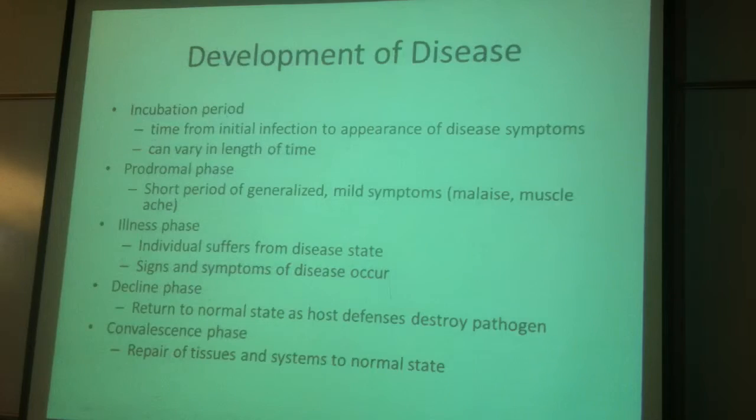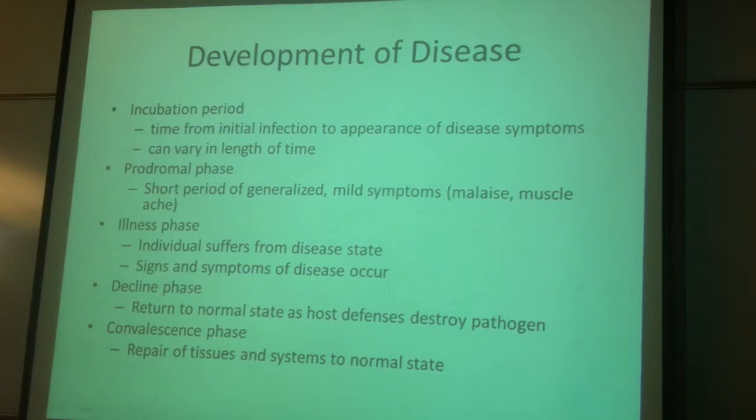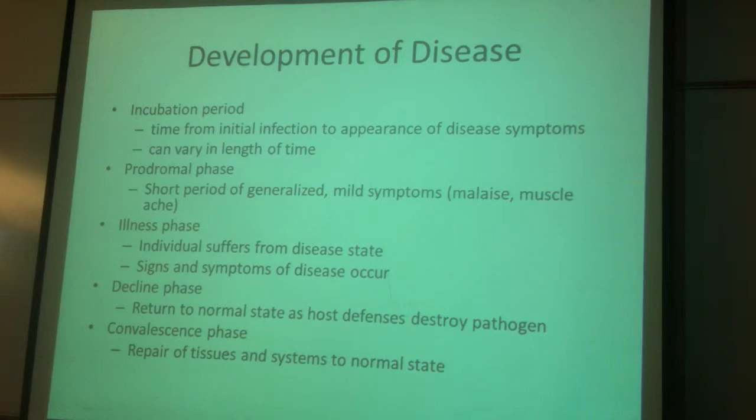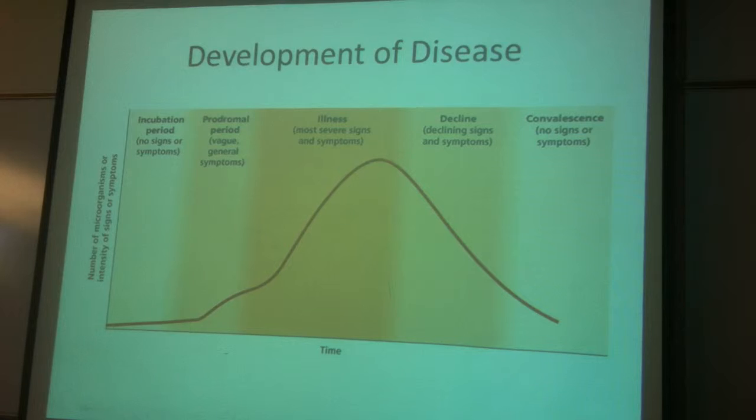Developing the disease. Okay, you have an incubation period, a prodromal period, an illness, a decline, and convalescence. Okay? So, incubation. The time when you first get the disease, you don't have any signs or symptoms, and it varies in length.